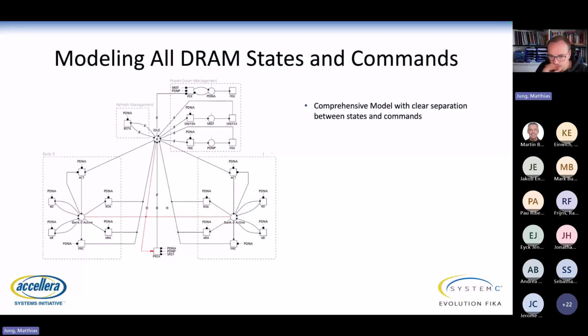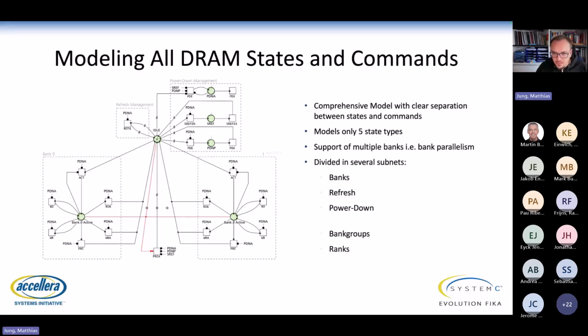It's not mixing them as the state machine that we saw before. There you see again our 5 state types that are now modeled with these places. We can support multiple banks in one model, and the whole thing is divided into several subnets. Then we can also handle these power down modes and all of this. Okay, so that was the idea.